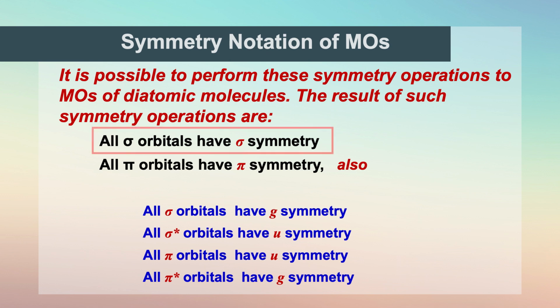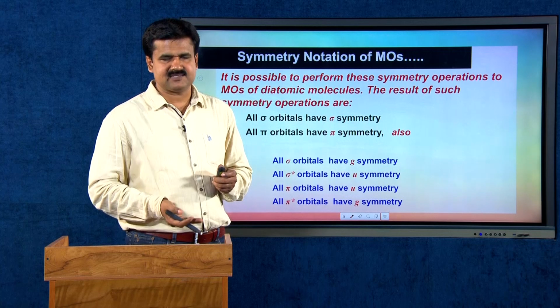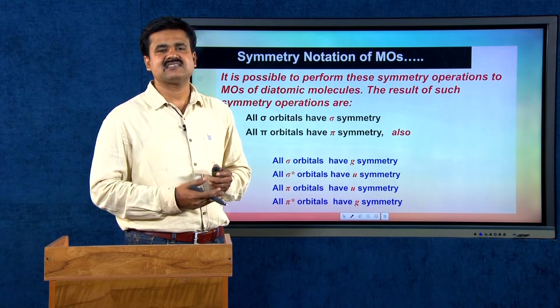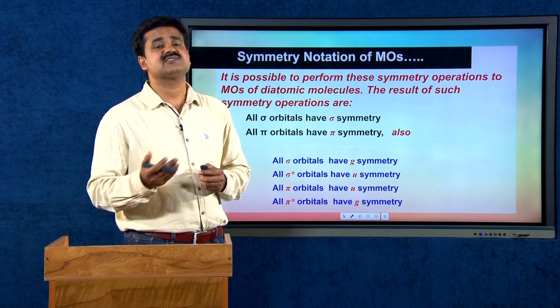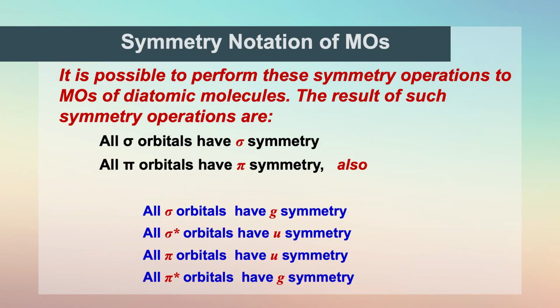It can be observed that all sigma orbitals have sigma symmetry. That means, if you take a sigma orbital, for instance sigma 1s, and perform molecular axis rotation, there is no change. So, sigma orbitals have sigma symmetry. Similarly, all pi orbitals have pi symmetry.